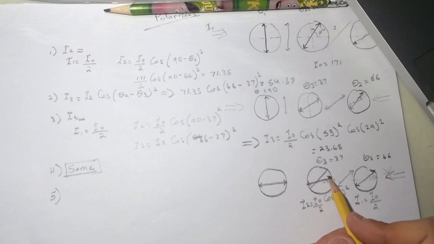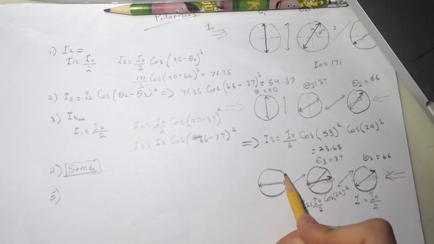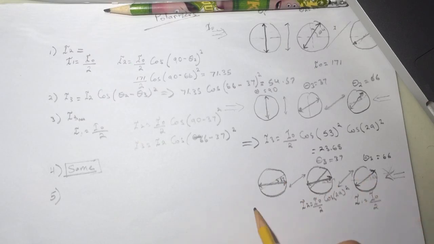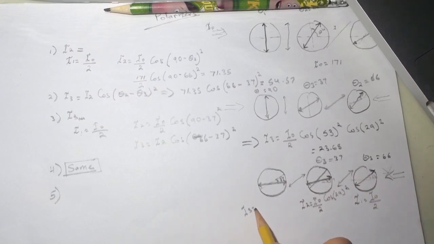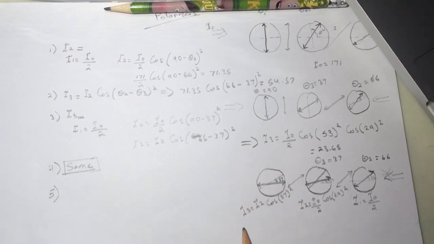Now it's coming with an angle of 37. Let's draw this here. So now I3 will be equal to I2 times the cosine of 37 minus 0, which is 37, squared. Let's sum everything together.